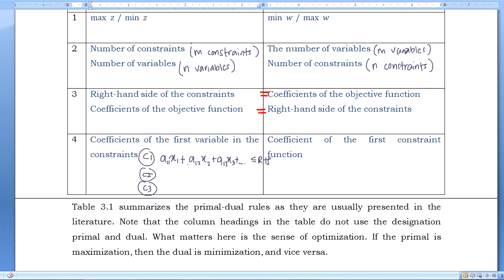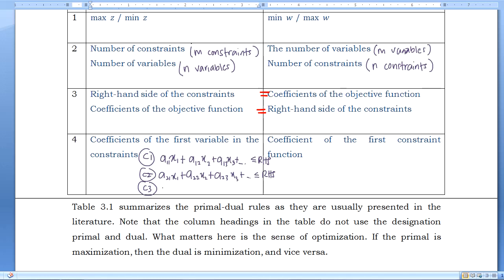Okay, and for the second constraint, we have a21 x1 plus a22 x2 plus a23 x3 plus until xn less than or equal to right hand side.